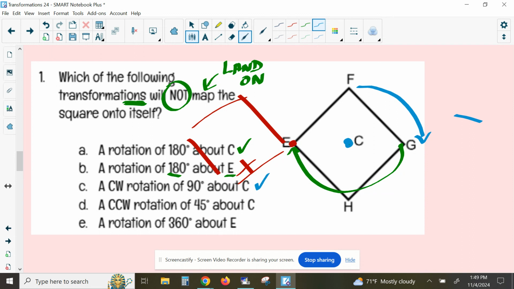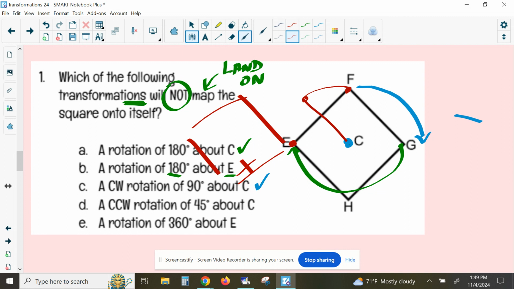Okay, D. What does CCW mean? Counterclockwise. Remember, counterclockwise rotation of 45 degrees. What's 45 degrees? A half of a quarter. Okay, so we're not moving, and that's counterclockwise. So that means I'm going from here, not all the way, just halfway there. So I'm taking this top corner counterclockwise, just to about here, right?